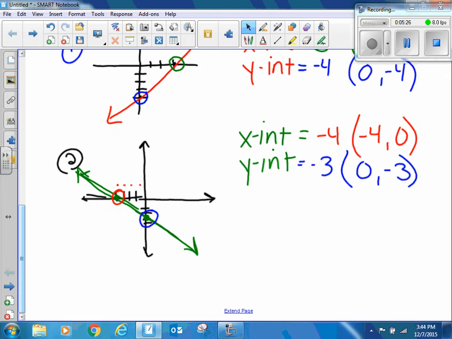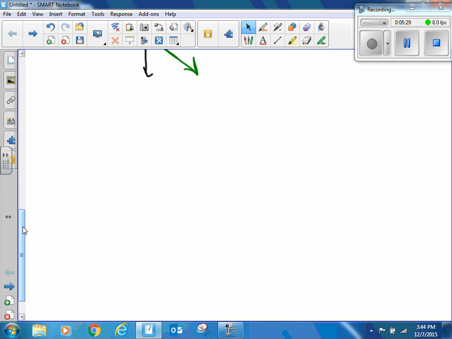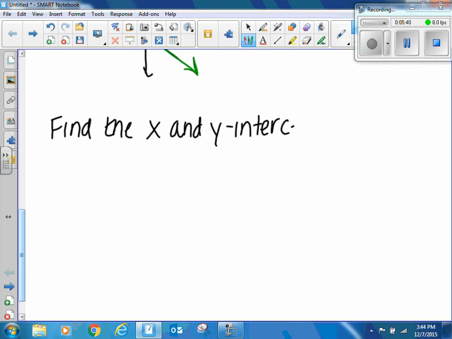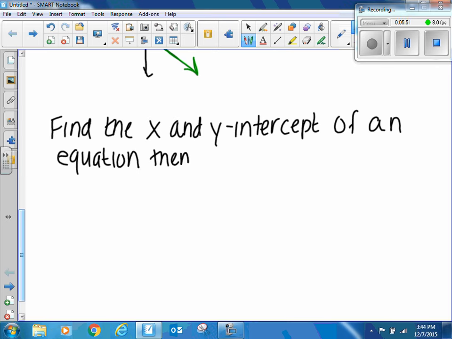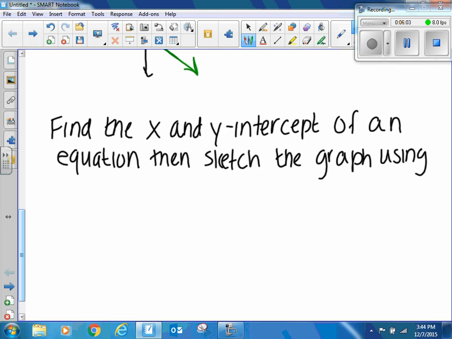All right, the last part of this is to find the x and y-intercept of an equation, then we're going to sketch the graph using those values.